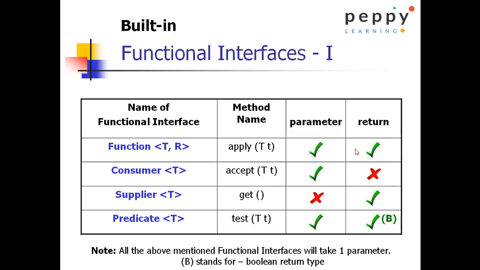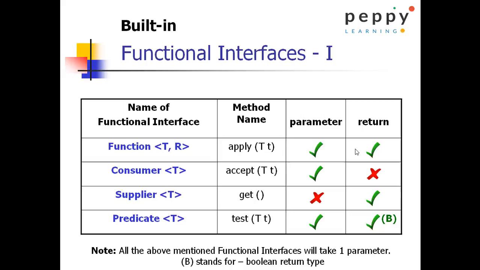So, the first one is core interfaces. In this one, I have segregated the core interfaces into four. Those are Function, Consumer, Supplier, and Predicate.